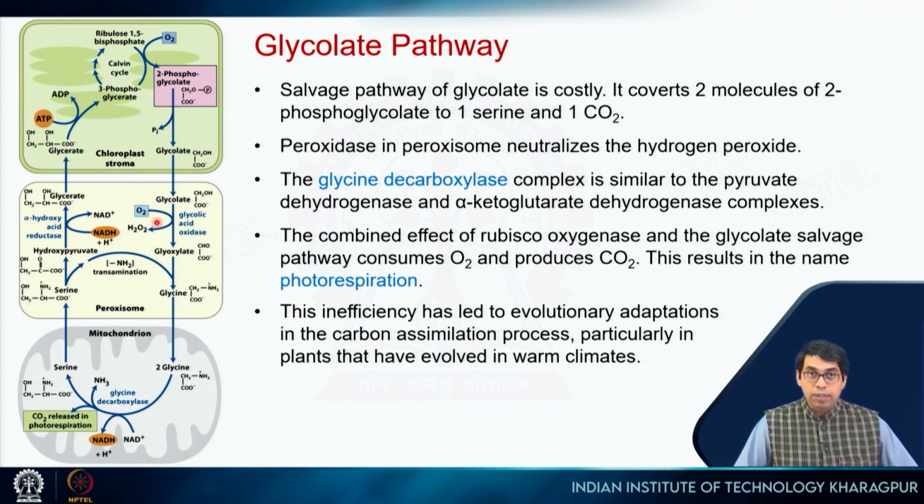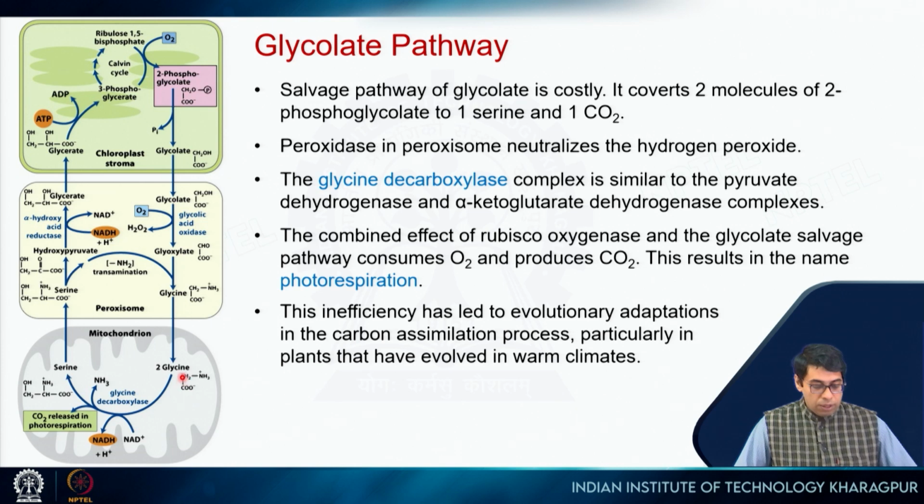So, you see that it is passing through all these different organelles, right. 2 molecules of glycine are taken by glycine decarboxylase. This is an enzyme complex. So, there are 3 enzymes and this enzyme complex takes up 2 molecules of glycine, removes ammonia, releases 1 carbon dioxide and converts it into serine.